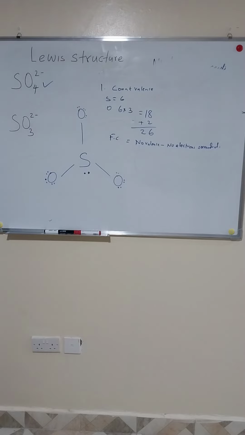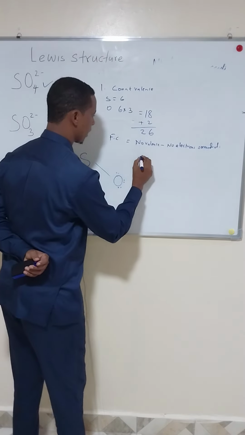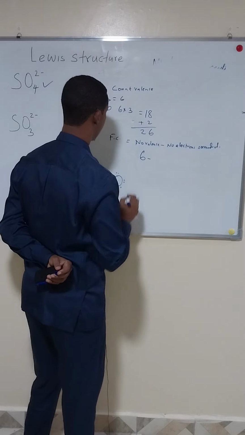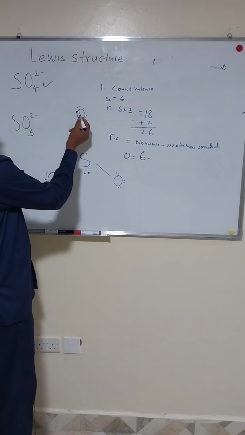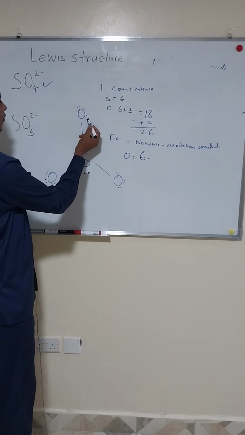So let's find this. Oxygen brought 6 electrons minus surrounded by 1, 2, 3, 4, 5, 6.